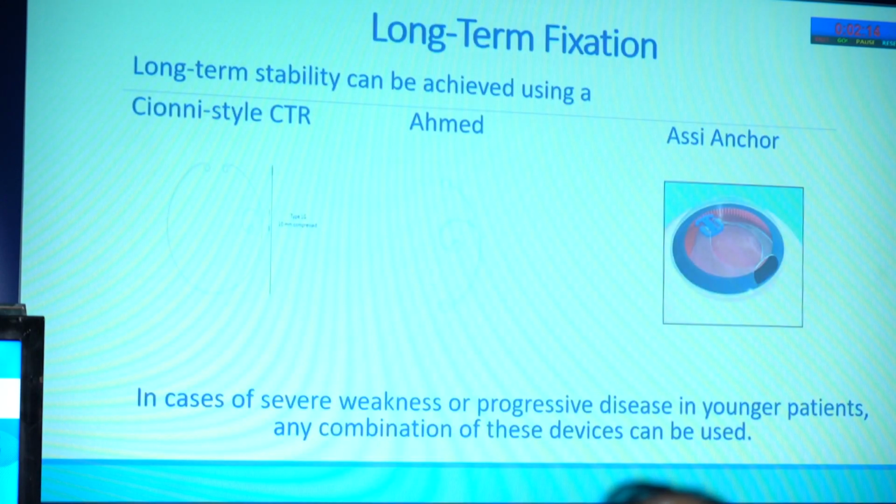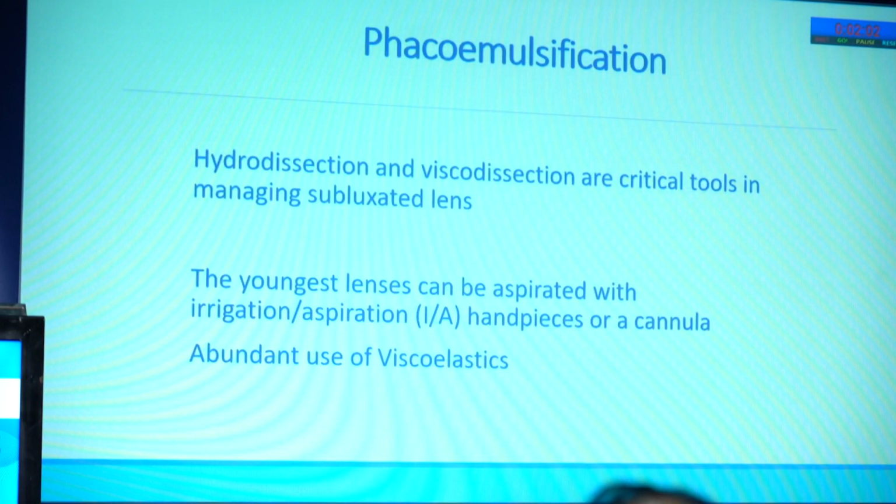Long-term stability can be achieved using a Cionni-style CTR or Ahmed type. In cases of severe weakness or progressive disease in younger patients, any combination of these devices could be used. Phacoemulsification should be done. Hydrodissection and viscodissection are critical tools in managing these subluxated lenses.